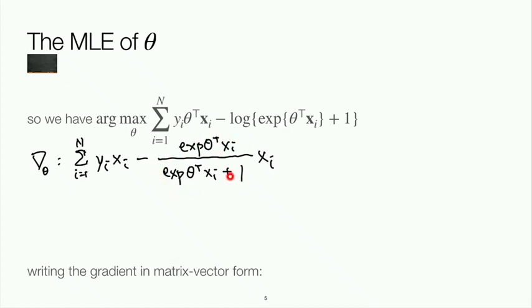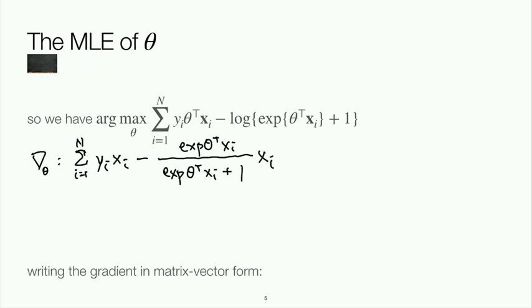Does this term look familiar to anyone? Yeah. Oh, yeah, it doesn't just kind of look like the sigmoid. It is the sigmoid. So miraculously, we got a sigmoid out of our gradient somehow.